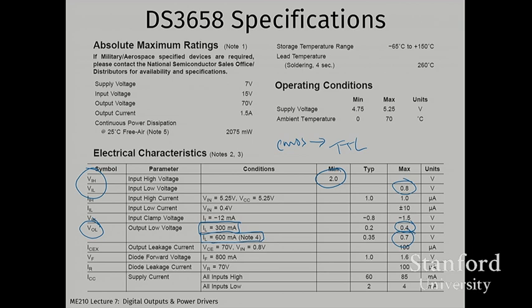You notice there's no spec for VOH. That's characteristic of an open collector type of device. The VOH is not an active state. There's no control of that voltage. That's determined by the other stuff connected to the output side. And they do give you the output leakage current of 100 microamps, that would be the IOH that would happen in the high state.